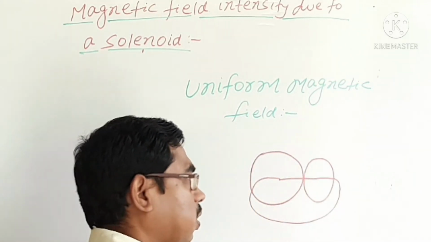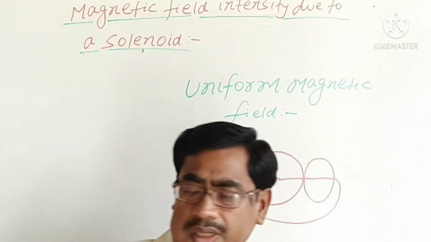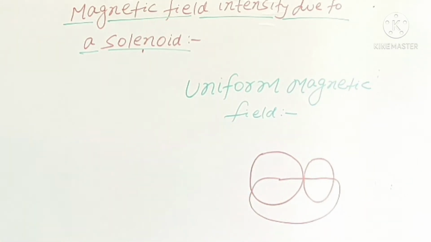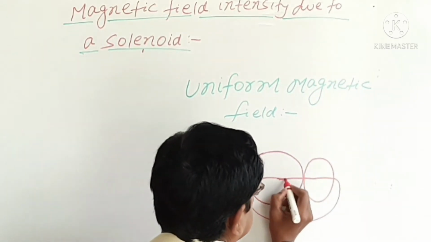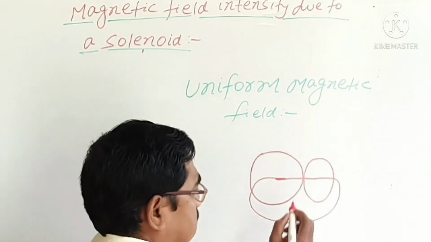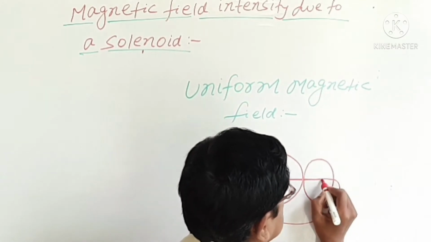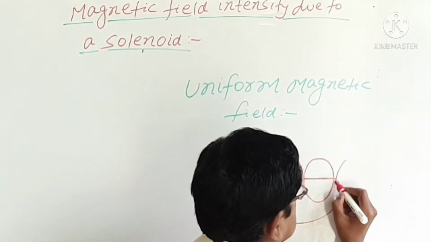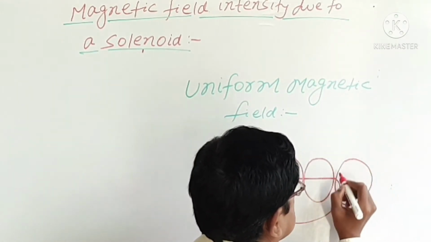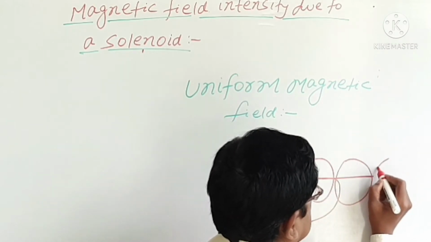So, here there are a large number of circular turns. These magnetic field lines inside a solenoid continue to follow a straight line.